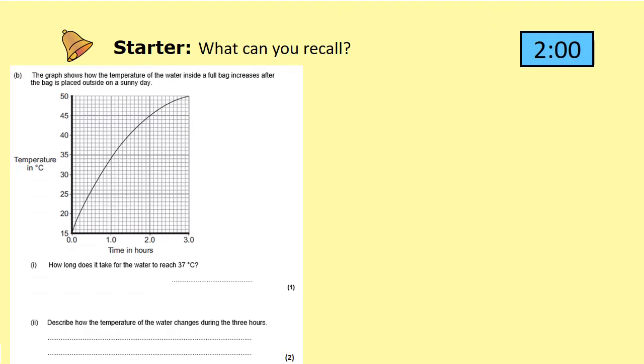Into the starter then, 2 minutes. It's a 3-mark question, just to have a look at how well you can remember your graph skills. I'll give you 2 minutes.